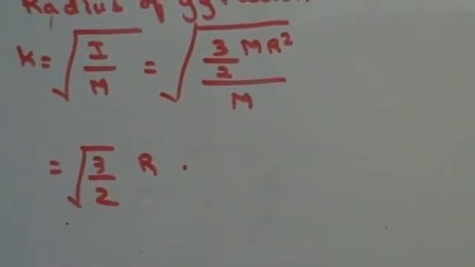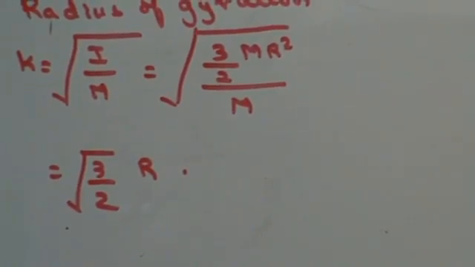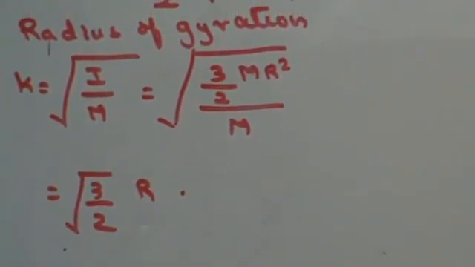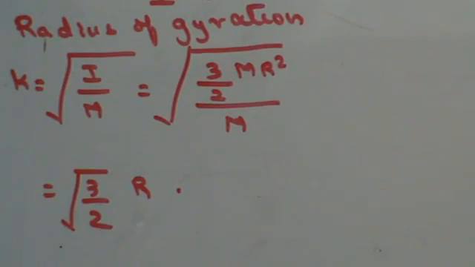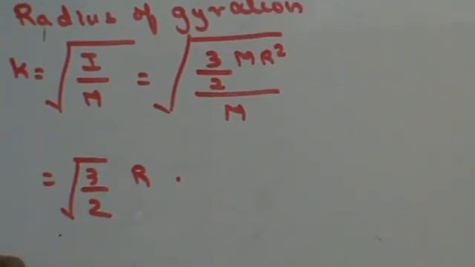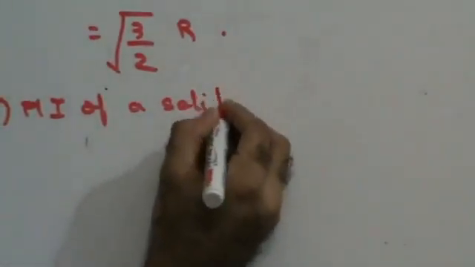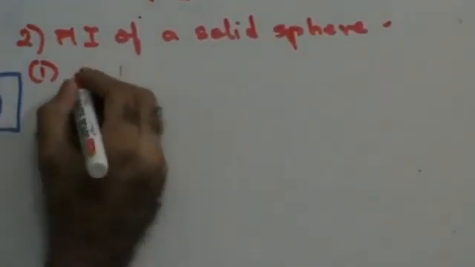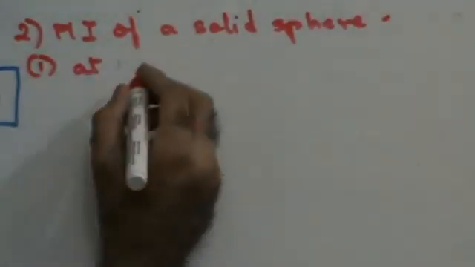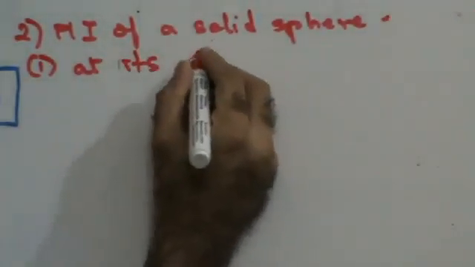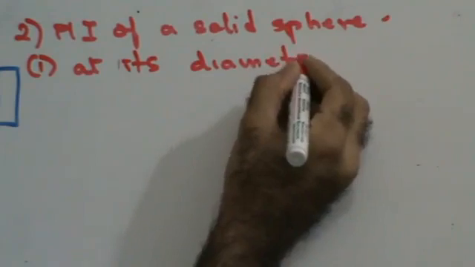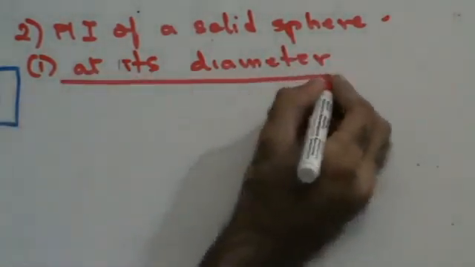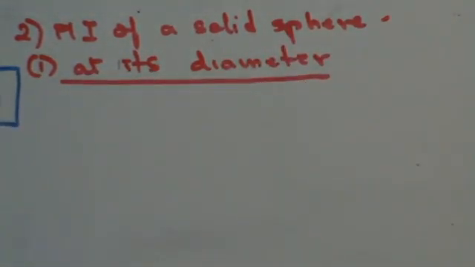Next, let's try to find out the moment of inertia of a solid sphere. This was cylinder. Let's try to find out moment of inertia of a solid sphere. Right? First, let's try to find out about its diameter. Moment of inertia of a solid sphere about the diameter.